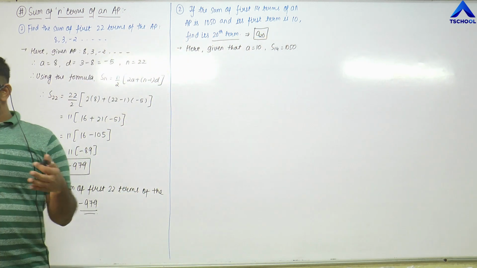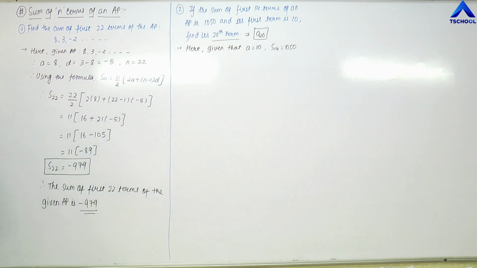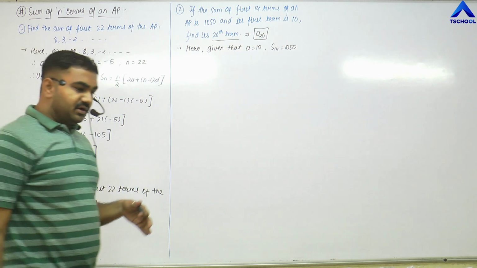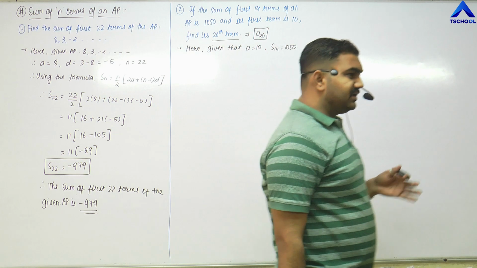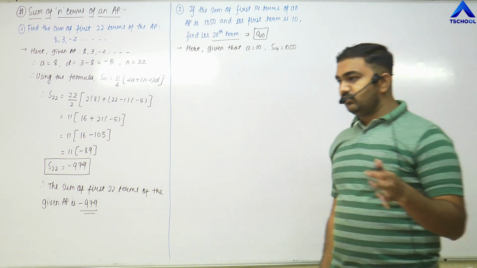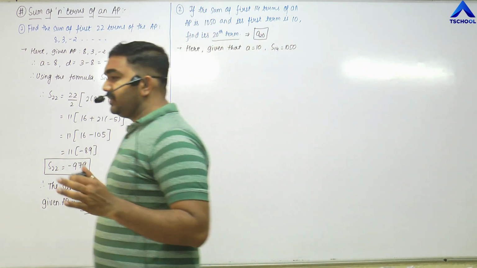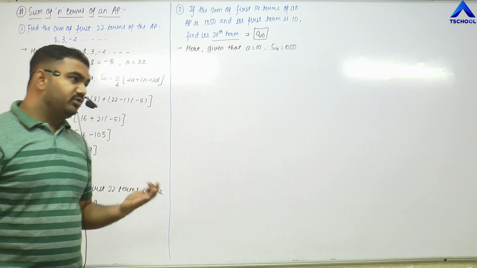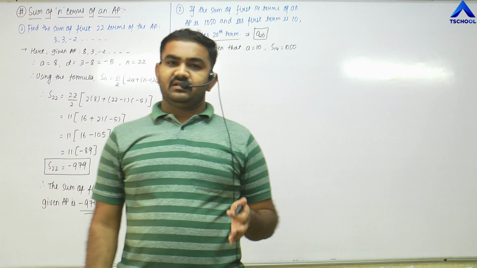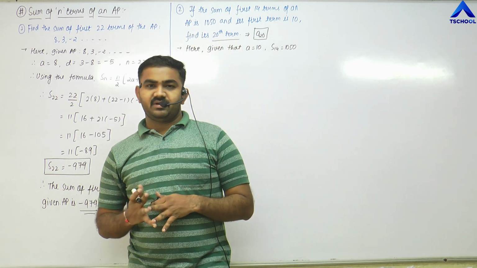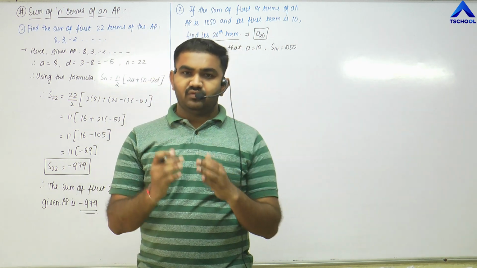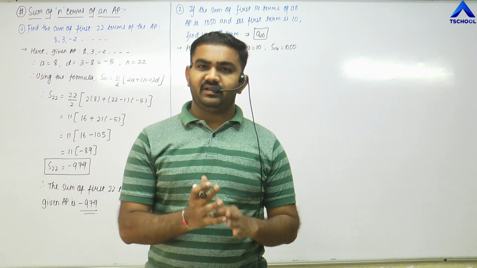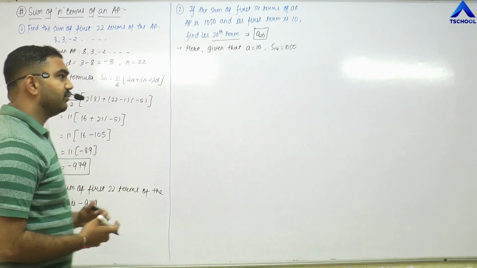The 20th term and the sum of first 20 terms are different. The 20th term simply means A20 and the sum of first 20 terms simply means S20. The formulas for both are different, so you don't need to confuse between these two.